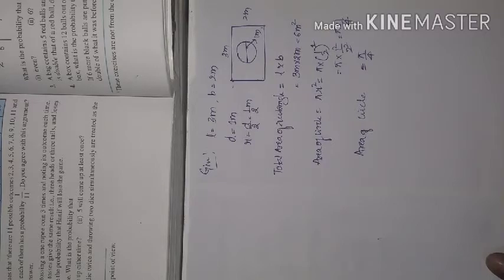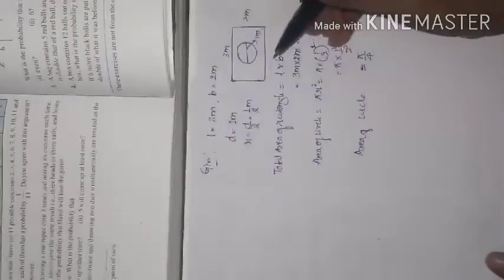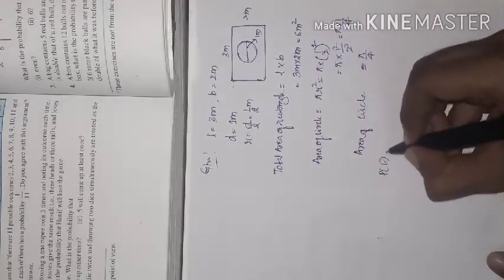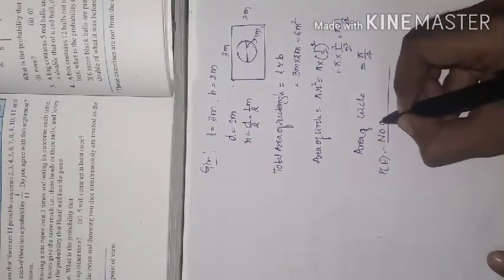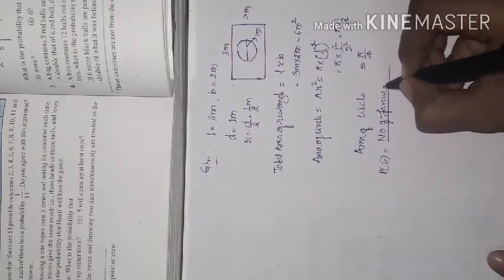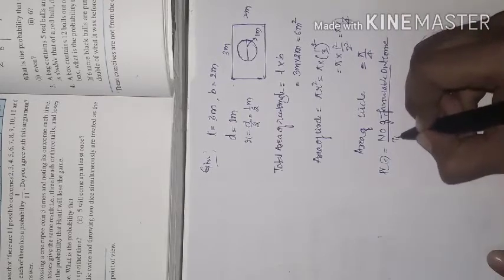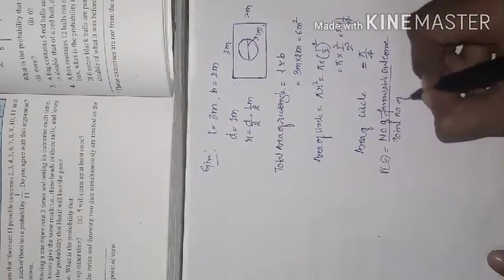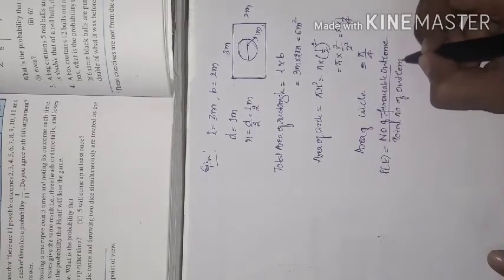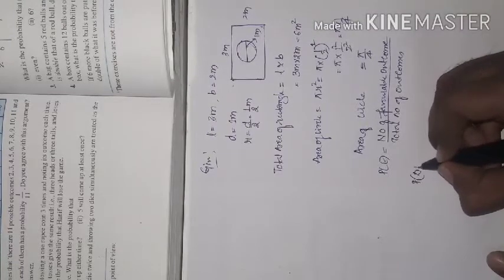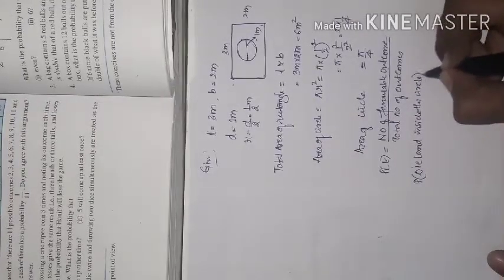Now the question is what is the probability of a die landing inside the circle? Let me write the formula first. Number of favorable outcomes to the total number of outcomes. So the probability of a die landing inside the circle is equal to what?